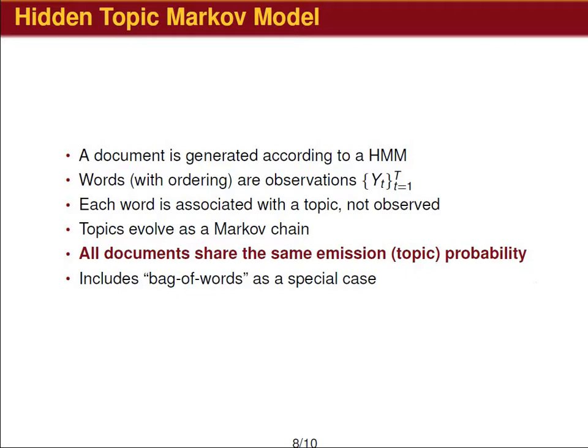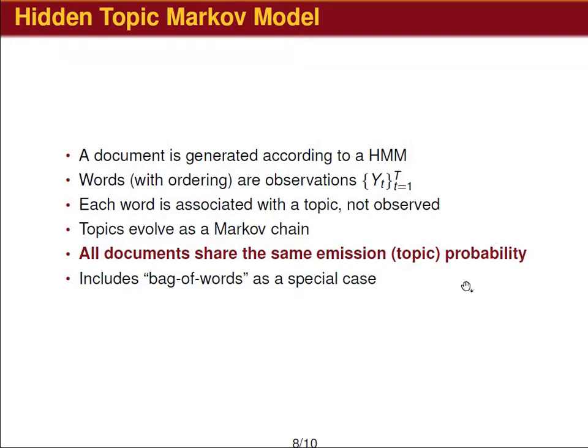The topics evolve as a Markov chain, which is, in our opinion, a very reasonable assumption. It actually includes bag of words as a special case because a Markov chain contains IID samples as a special case.